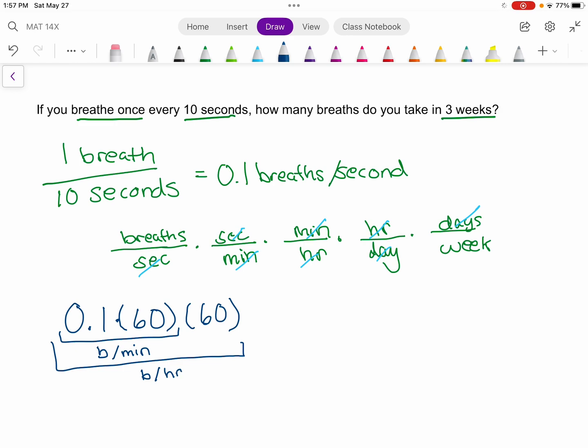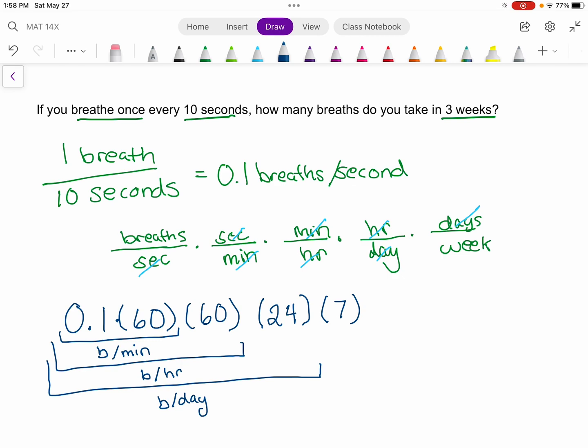And now if I wanted per day, I would times by 24, because there are 24 hours in a day. So now we have breaths per day. And there are 7 days in a week. So if I then times that by 7, I would get my breaths per week.